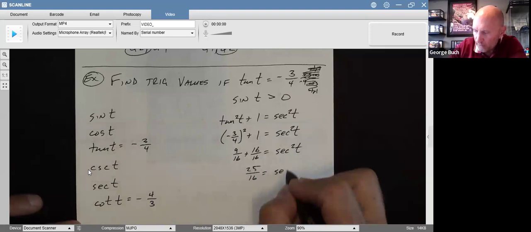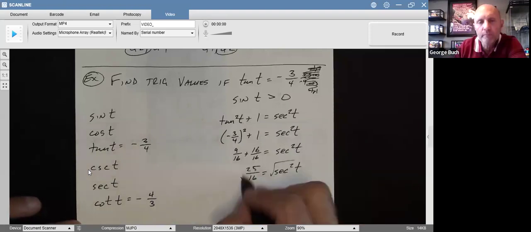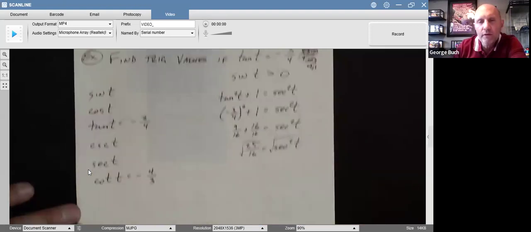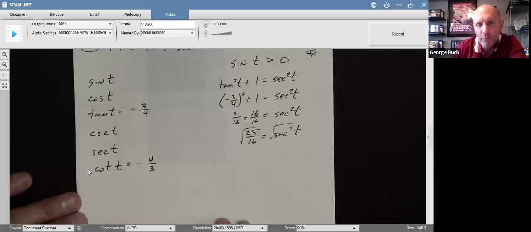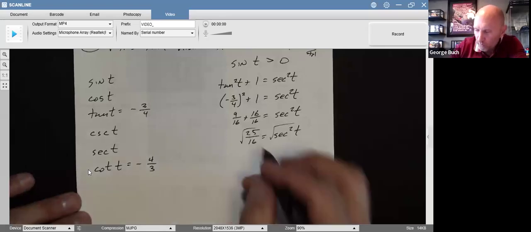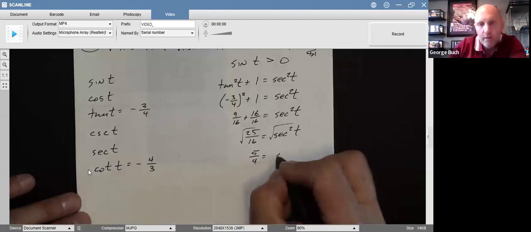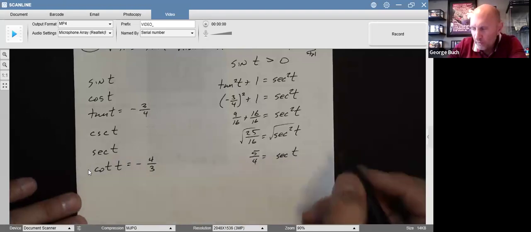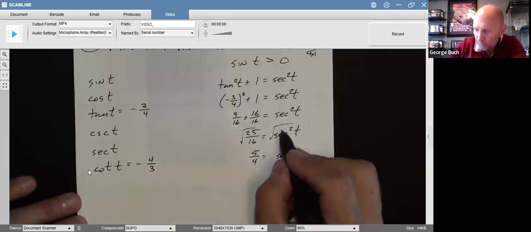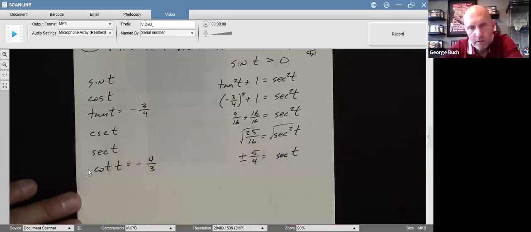So to get secant, I do what? Take the square root. And this is where everyone will probably get it wrong because they take the square root and they're like, oh, 5 over 4 is secant. But when we take the square root, we have to do what? Plus or minus. So secant is either plus 5/4 or minus 5/4.